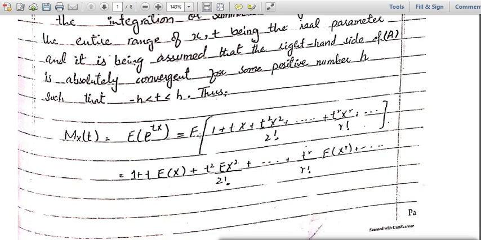The 1 is a constant and does not affect the expectation; t is a constant and the expected value applies to the variable x, giving expected value of x, plus t squared over 2 factorial times the expected value of x squared, and so on, t to the power r over r factorial, where this is a constant and the expected value applies to x to the power r.